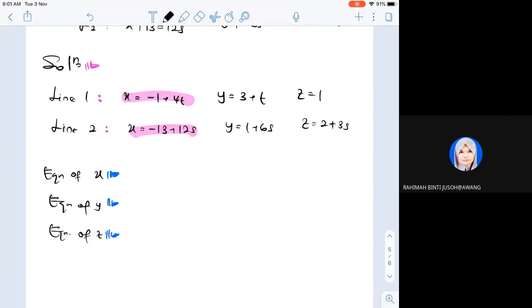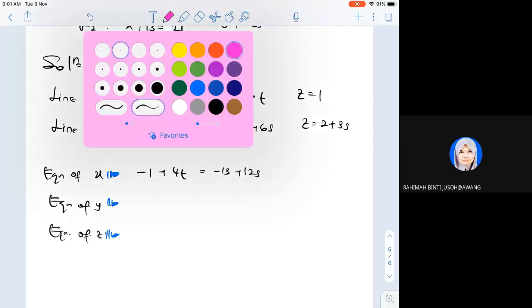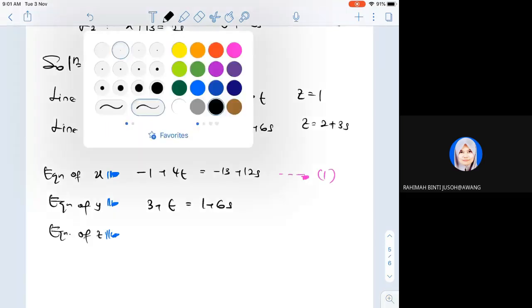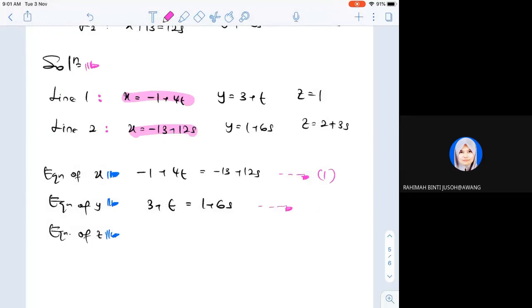So we will have -1 plus 4t equals -13 plus 12s. Alright, so this is your first equation. Equation number 2, we will have the equation for y: 3 plus t equals 1 plus 6s. And the equation for z, we have 1 equals 2 plus 3s.